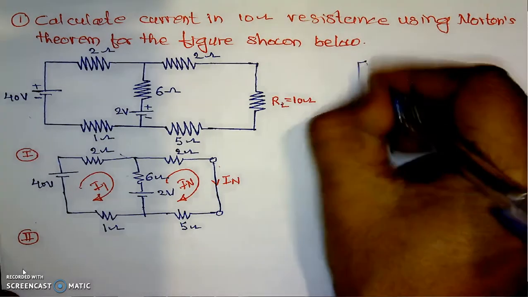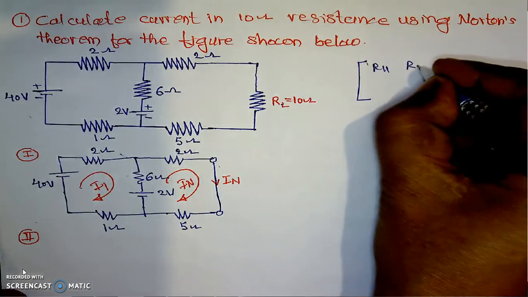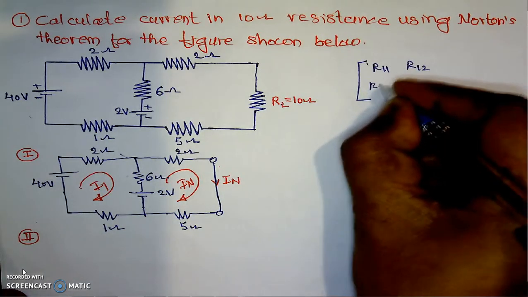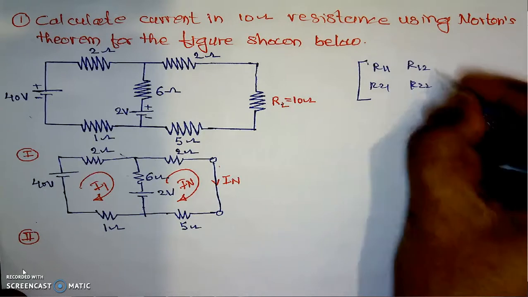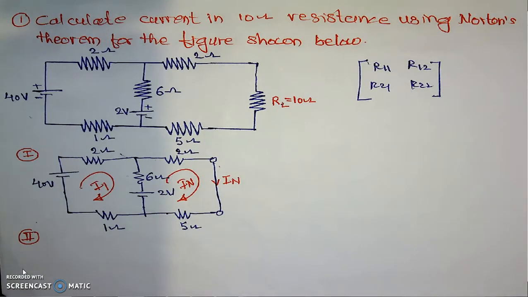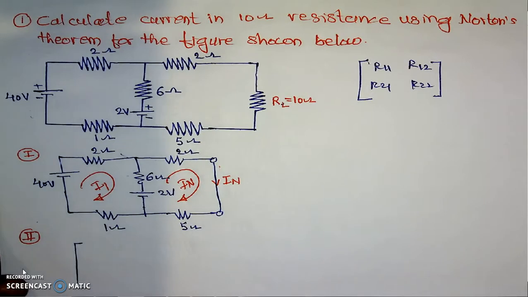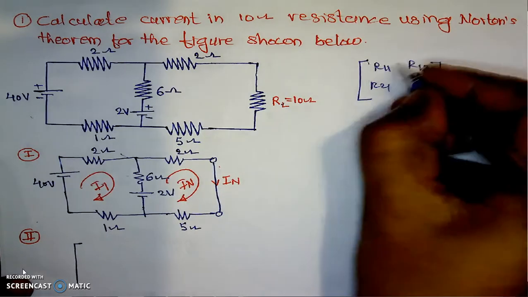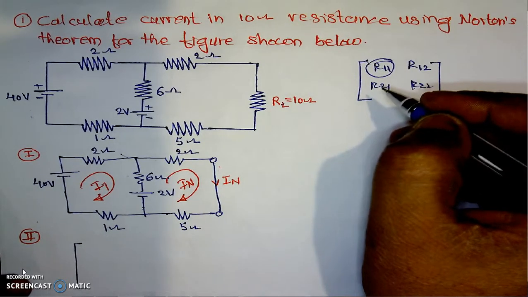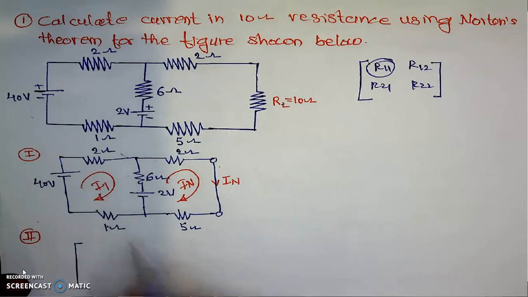I will brief here about the impedance matrix or resistance matrix R11, R12, R21 and R22. Now, if I am preparing this matrix, R11 is the resistance of the first loop, which is 6 plus 1, 7, 7 plus 2, that is 9.